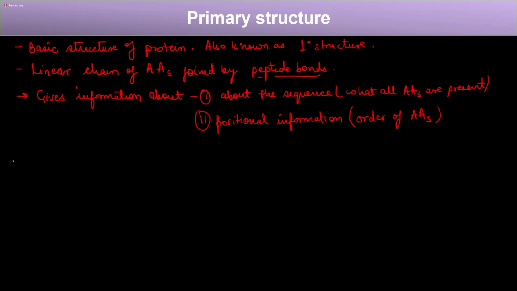Now, the next question is, how do the amino acids know in what order they have to be arranged? From where do they get this information?